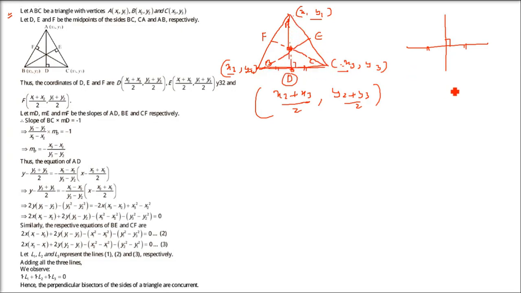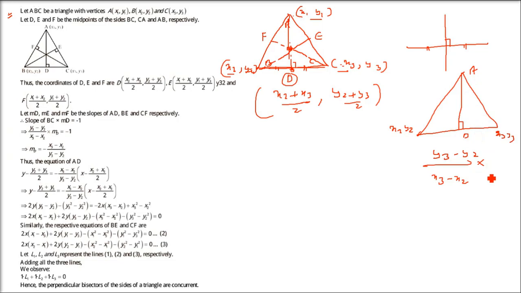And how do we find the equation of a line like this? It will be y minus y1, and you can take either A or D as x1, y1. Now I'll tell you what we are doing. The slope of BC is y3 minus y2 over x3 minus x2. Now what is the slope of this line AD? It is perpendicular, so slope of AD multiplied by slope of BC equals minus 1.